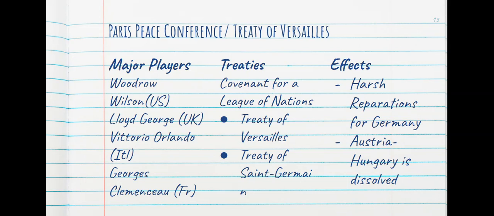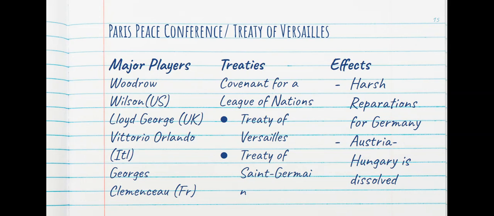It also led to Germany having a limited army. The idea is that if they have a limited army, they cannot fight in another one of these major wars. Eventually, that doesn't happen. Because of the Treaty of Versailles, you could argue that Hitler can become a leader in Germany. So the Treaty of Versailles is a harsh treatment of Germany and leads to this power of this nationalist dictator.